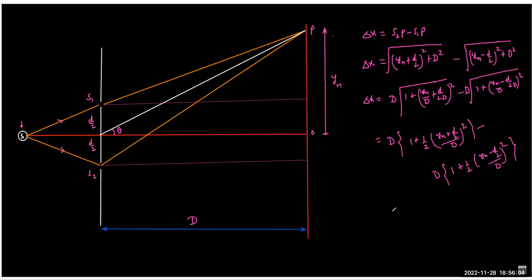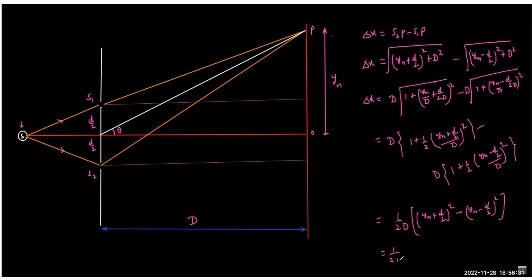Now further you can see that something gets cancelled. So what you're left with is D gets cancelled, then 1 by 2D square and 1 by 2D. So eventually you're left with this much, right? Yes, sir.